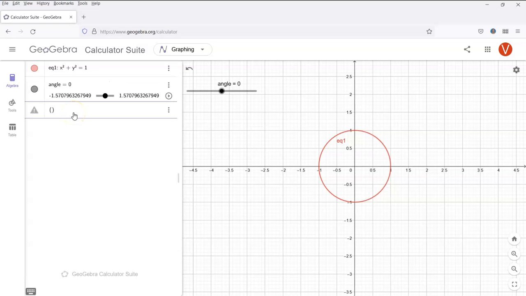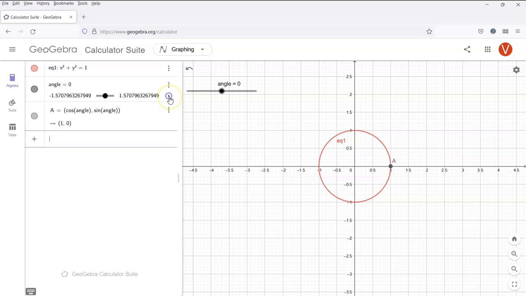So a point on this circle can be specified as cos of this angle comma sine of this angle, right? So if you notice, as of now, angle is 0, so the point is here.